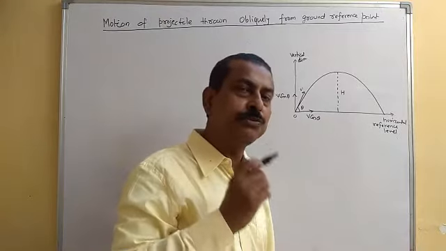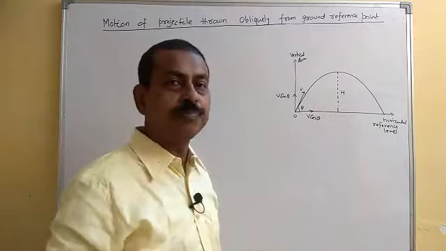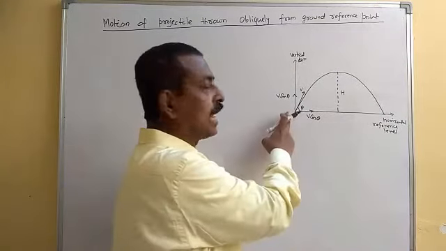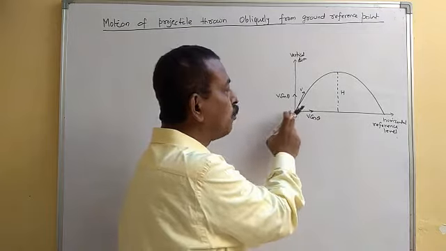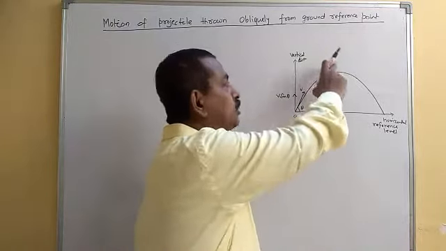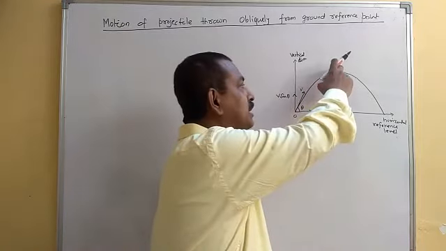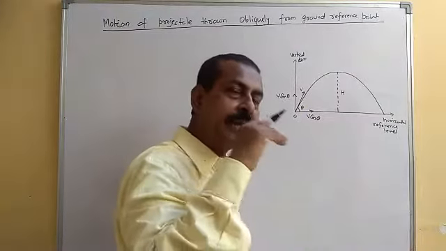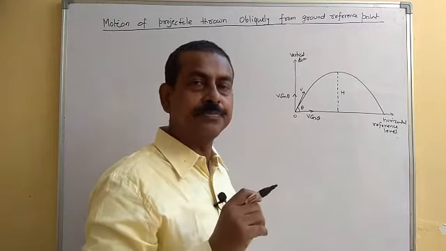Now let's take the different terms which we use in the motion of the projectile. One term we call the time of ascent. That is the time taken by the projectile to move from point of projection to the point of maximum height. Similarly, from the point of maximum height to the point where it is ending its journey, that is called the time of descent.